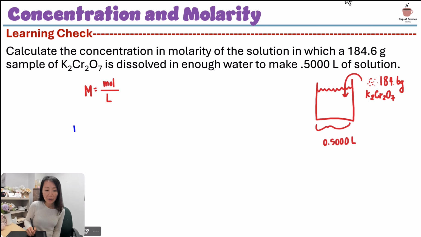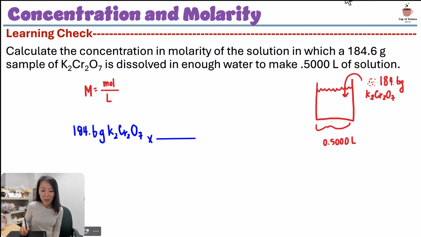So I have 184.6 grams of potassium dichromate. How do I get that into moles? We're going to multiply by its molar mass. So 1 mole of potassium dichromate, and then let's go ahead and find the molar mass of that.